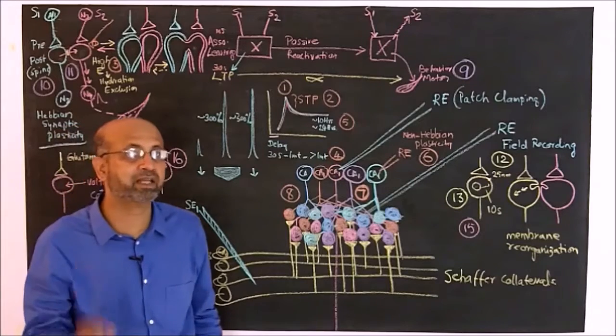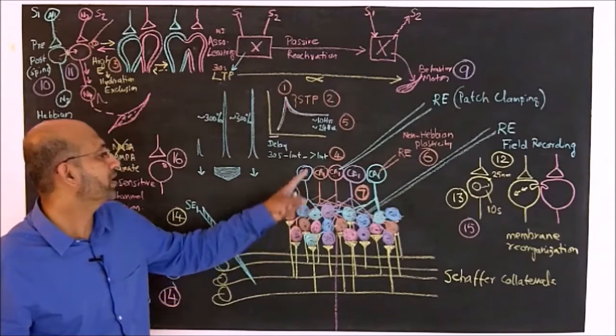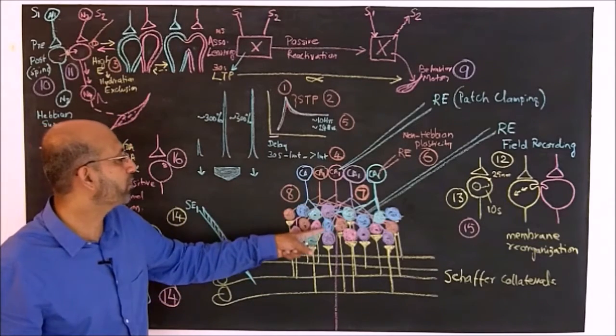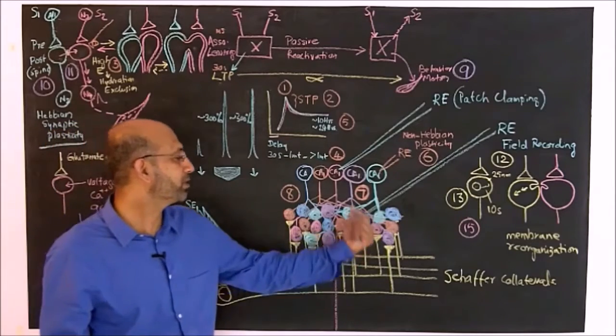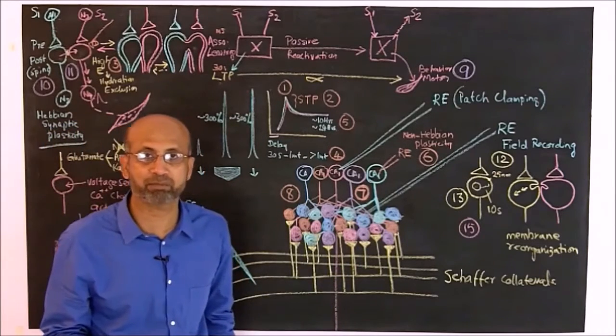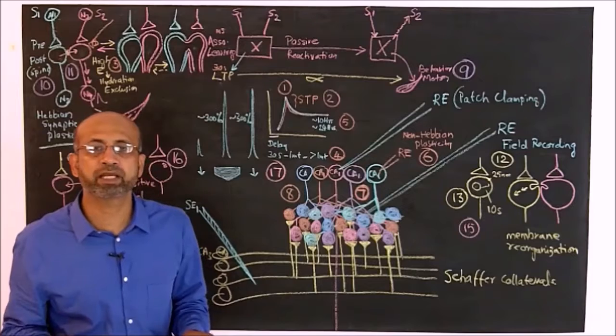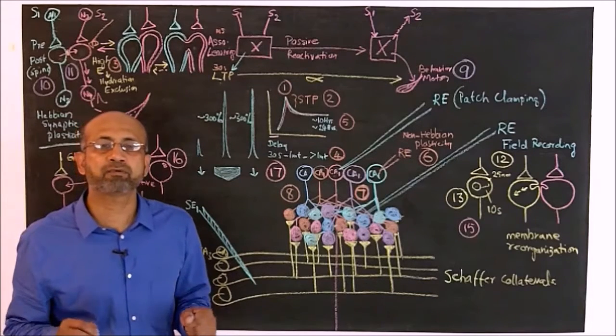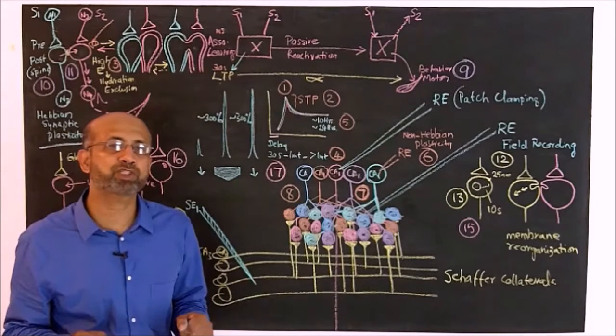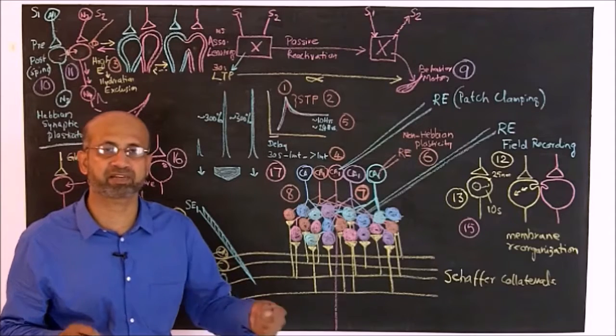So that's a clear indication that the SNARE proteins are responsible for fusion changes between the spines at the time of LTP induction.